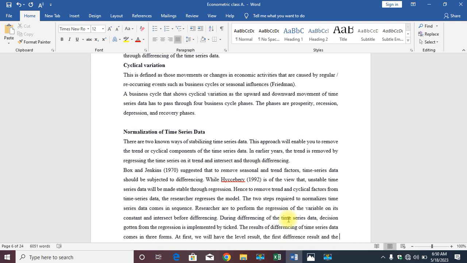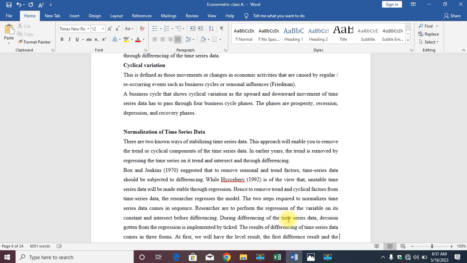The reason why I'm doing this video this morning is that too many researchers do not subject time series data to this procedure before they perform the unit root test. Most of the time, they assume that the time series data they are using has intercept alone, or that it has intercept and trend, while it doesn't.